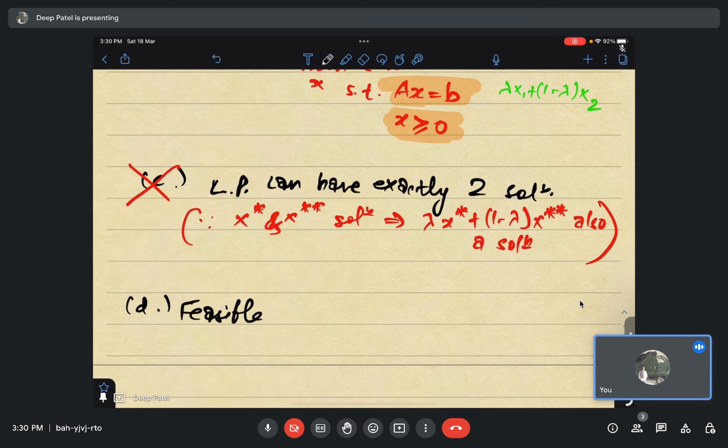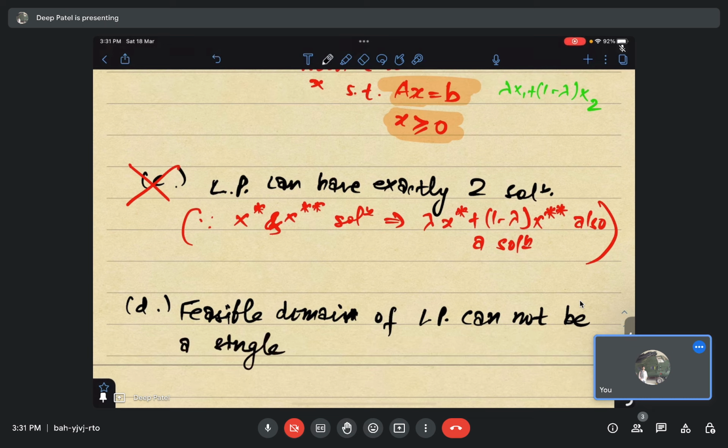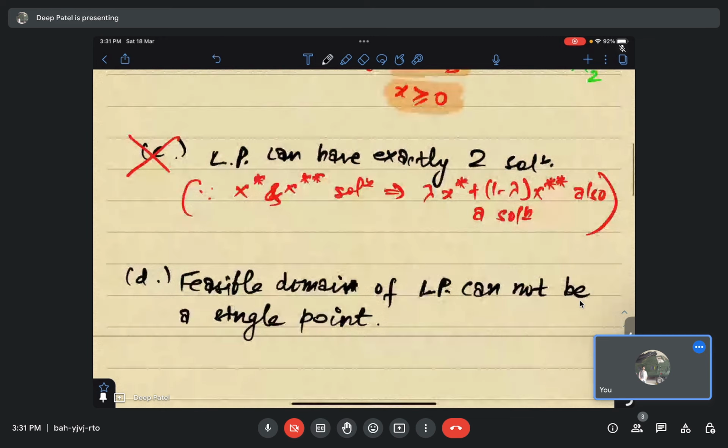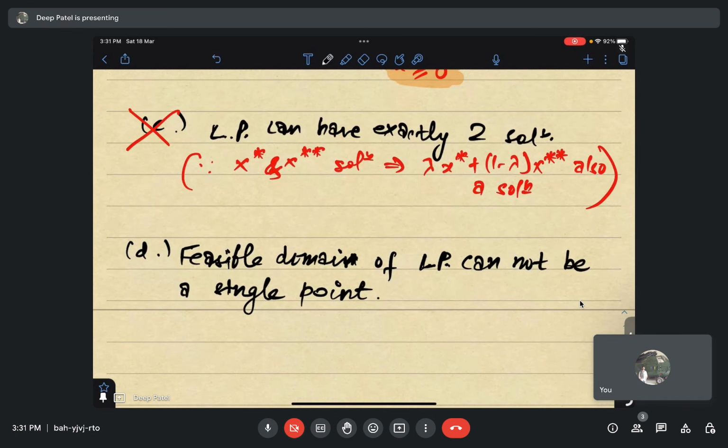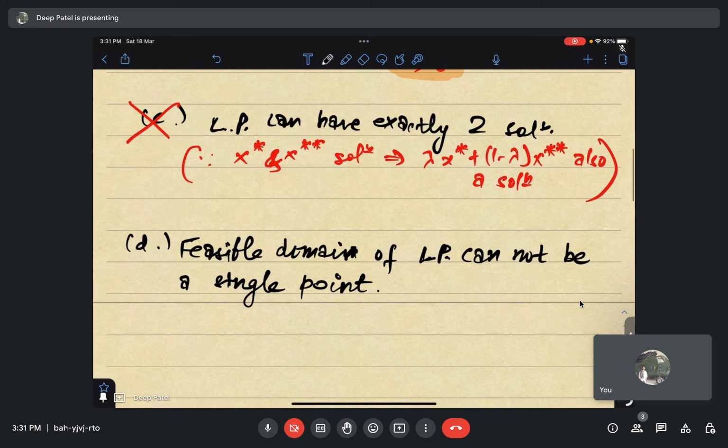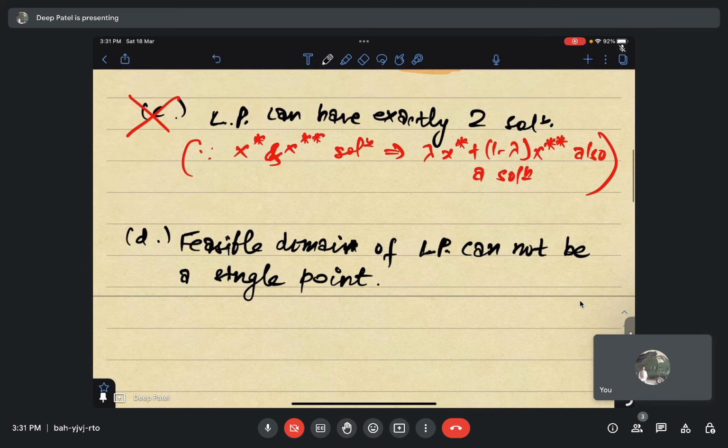One last option we need to check: the feasible domain of an LP cannot be a single point. Is this true? It can be true, right?